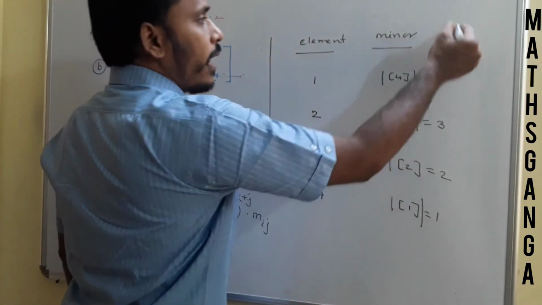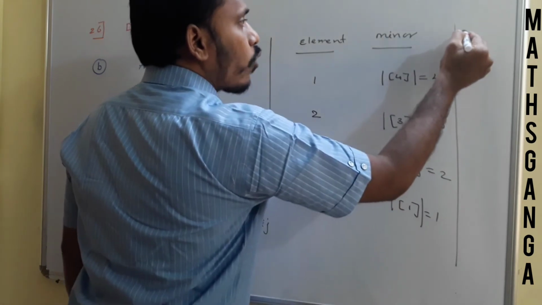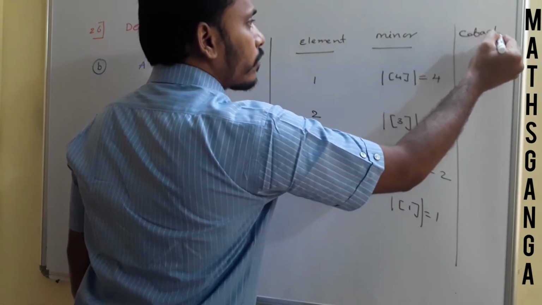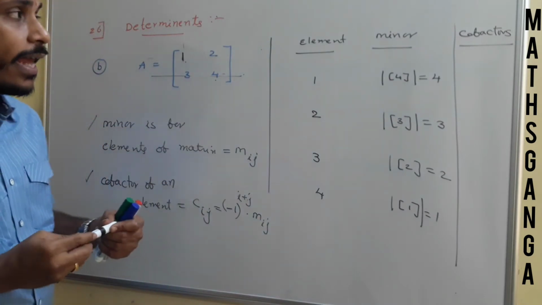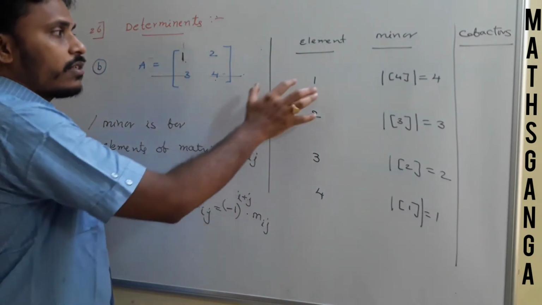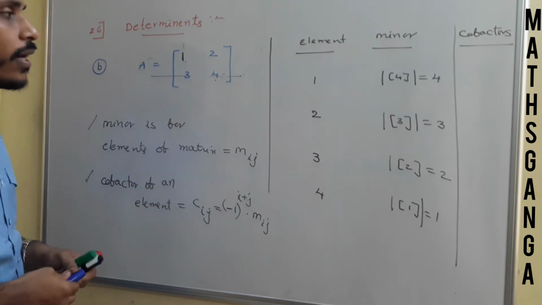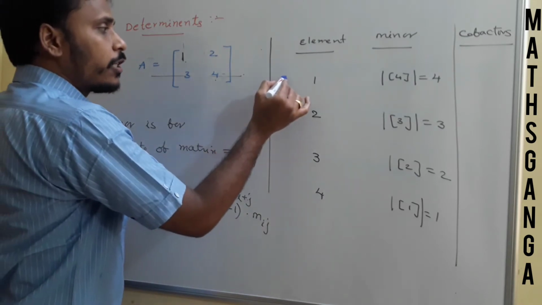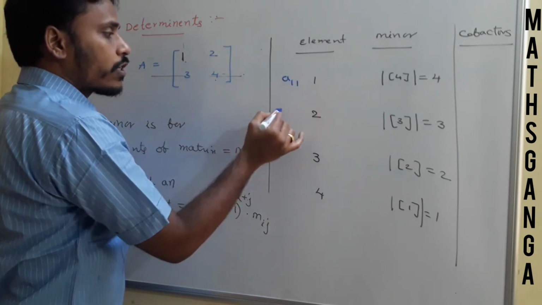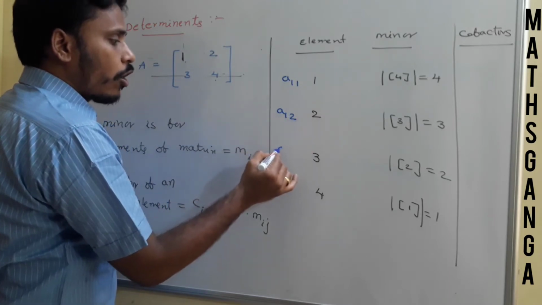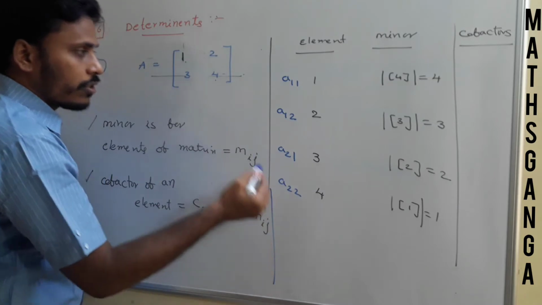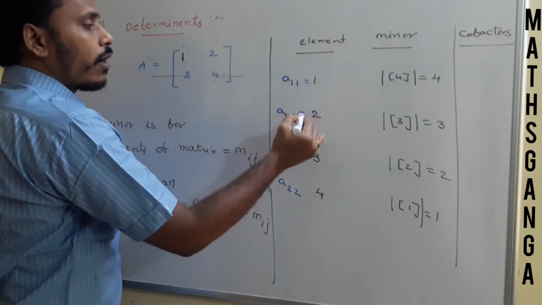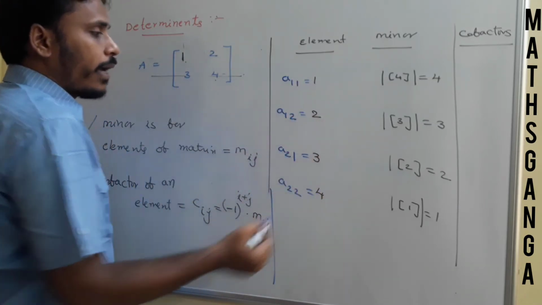So since these are the minors, here I need to write the cofactors. Cofactors are also meant for the elements itself. So just look there. This is the first element. Okay, what is its position? Its position is A11, first row first column, first row second column, second row first column, second row second column. These are the positions actually. So corresponding suffixes will apply for the minors also.